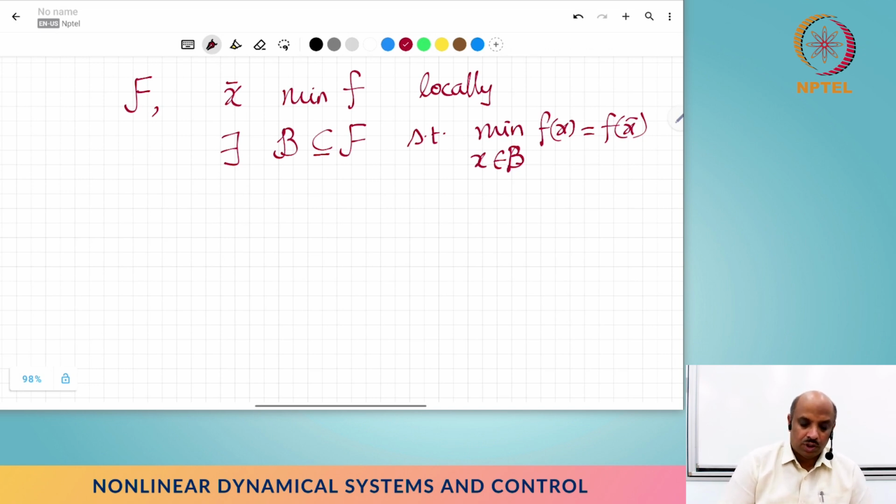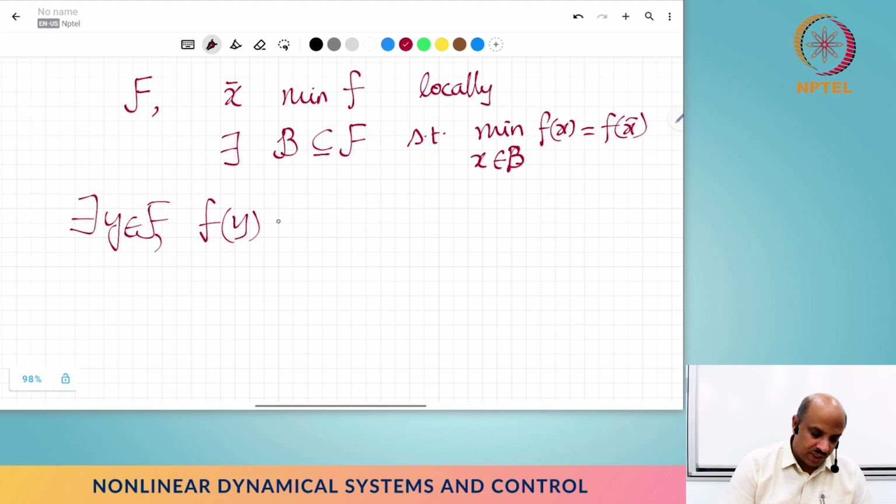Then how do I know that this is going to be the minimum for the entire set? Well, let's assume that there exists y belonging to f such that f of y is strictly less than f of x bar.